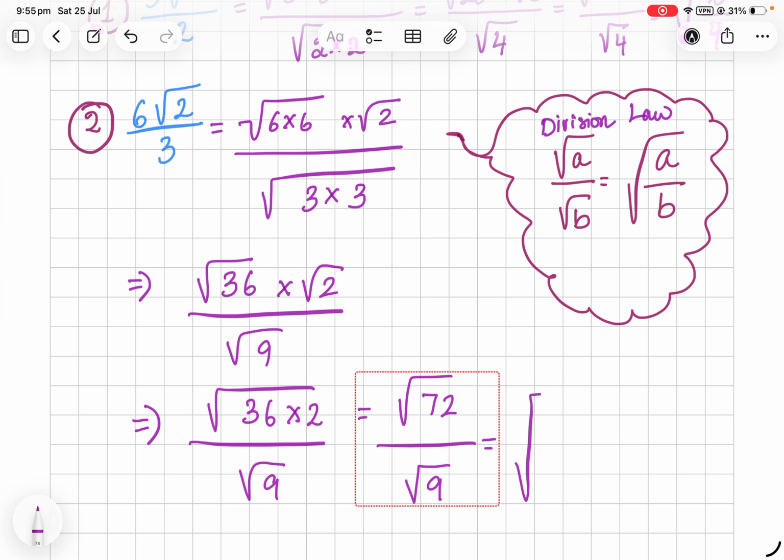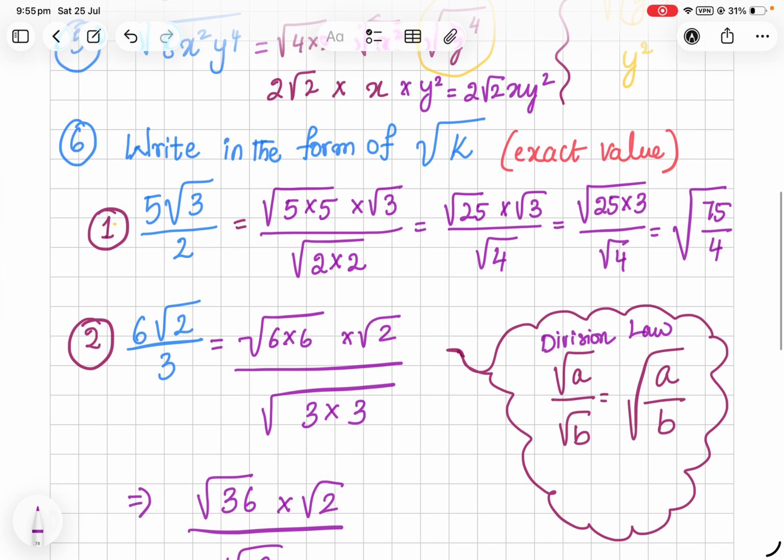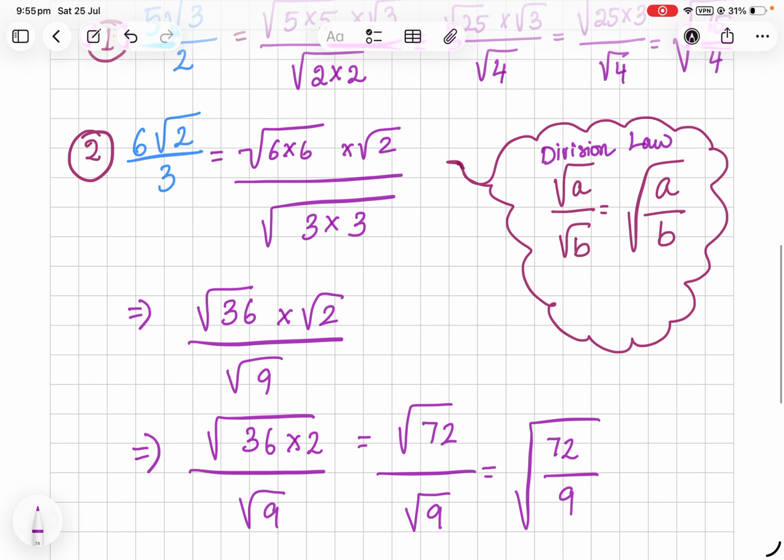According to your division law, this is 72 divided by 9. So this is what we did in the reverse process of putting the numbers back inside the square root. Depending upon the question, whether they're asking you to simplify or write it as the square root of k, which means exact value, this is what you do. These are the two operations that I'm going to talk about in this lesson.